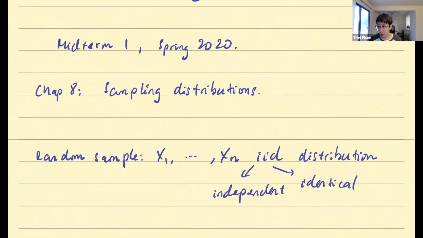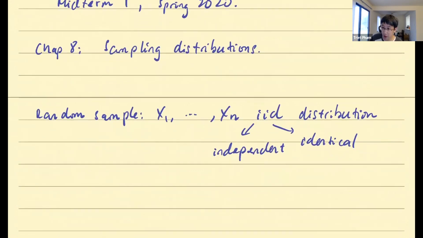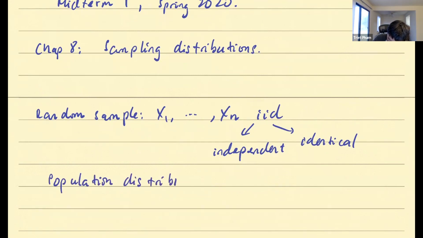So they all have the same distribution. Which distribution are we talking about? The distribution that's given. The same distribution that they came from will be referred to as the population distribution. I will use the letter X without any subscript to denote that generic distribution that all of them follow.